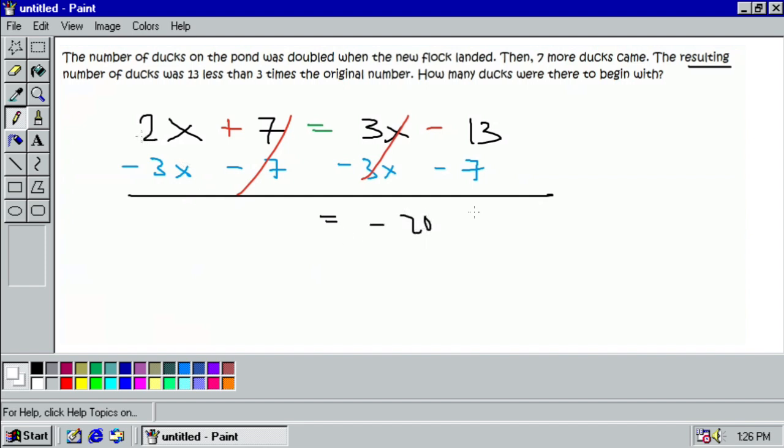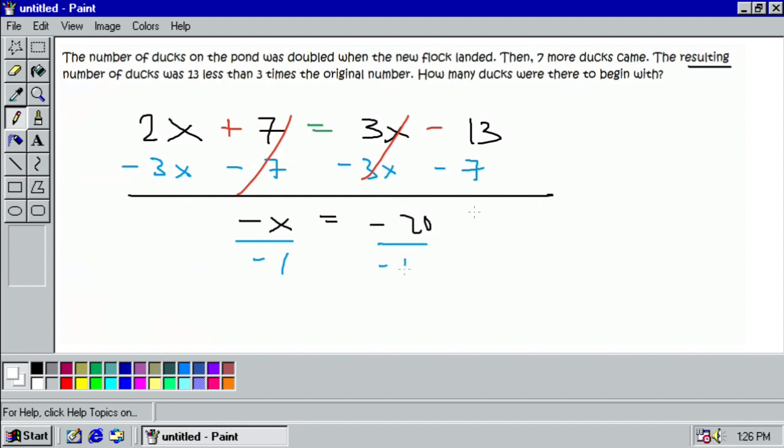So we have negative x equals negative 20. So let's divide by negative 1 on both sides of the equation so that we have x left.